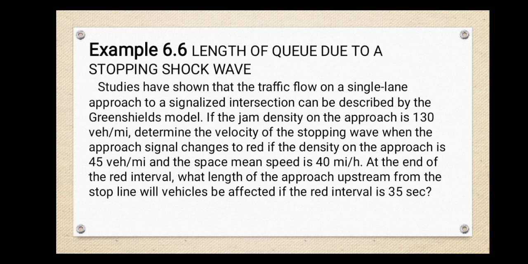If the density on the approach is 45 vehicles per mile and the space mean speed is 40 miles per hour, at the end of the red interval, what length of the approach upstream from the stop line will vehicles be affected if the red interval is 35 seconds?